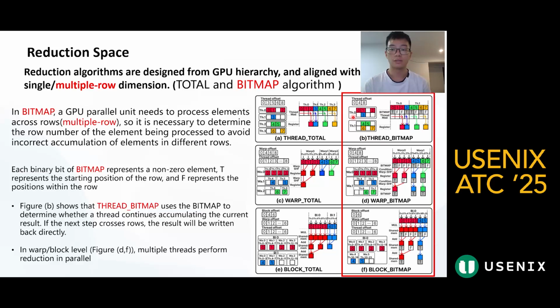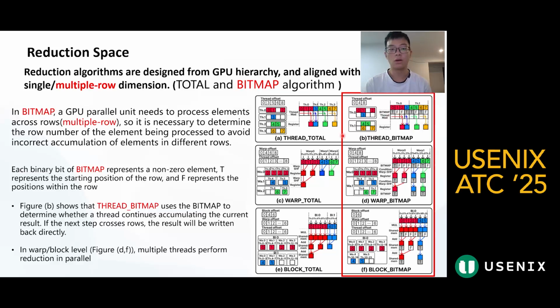Thread 0 processes two rows here, and each binary bit of the bitmap represents a non-zero element. T represents the starting position of the row, and F represents a position within the row.